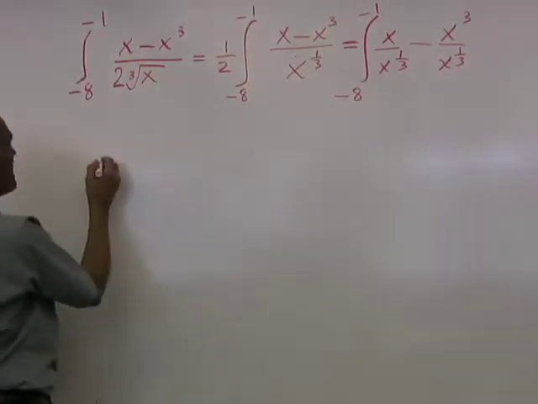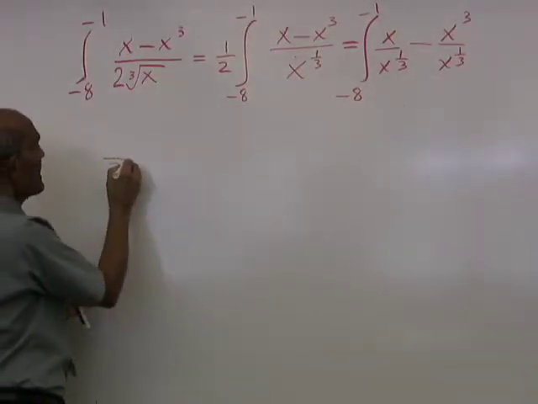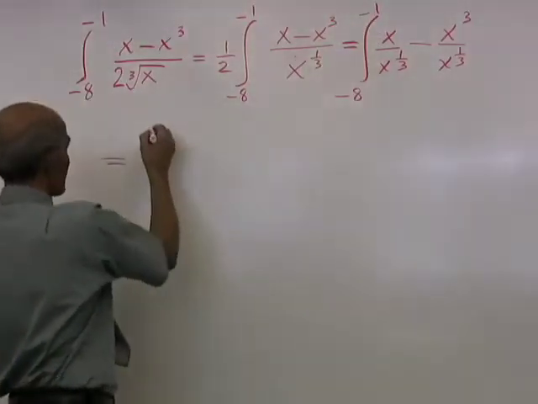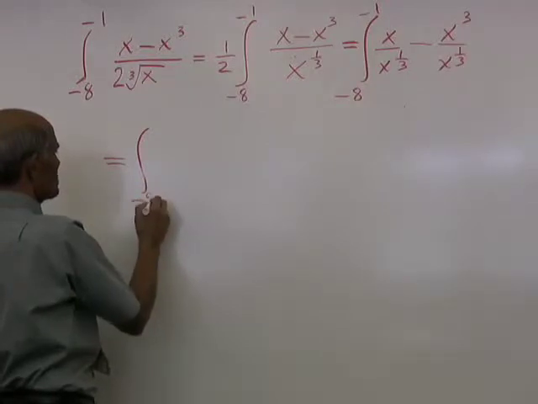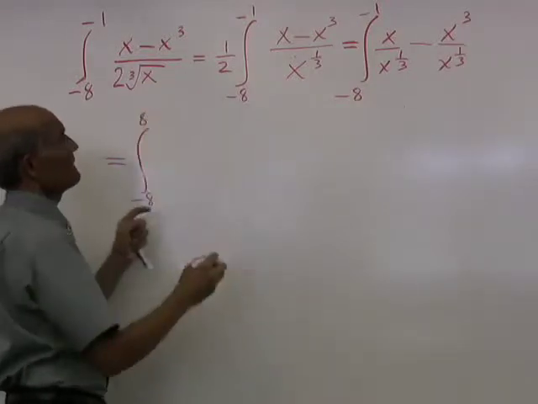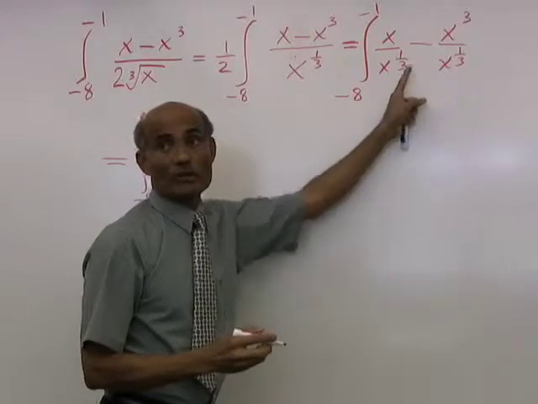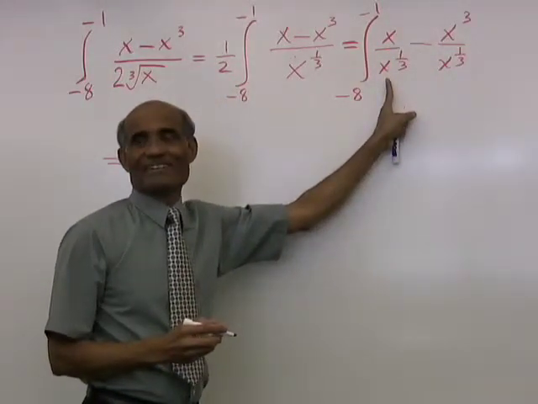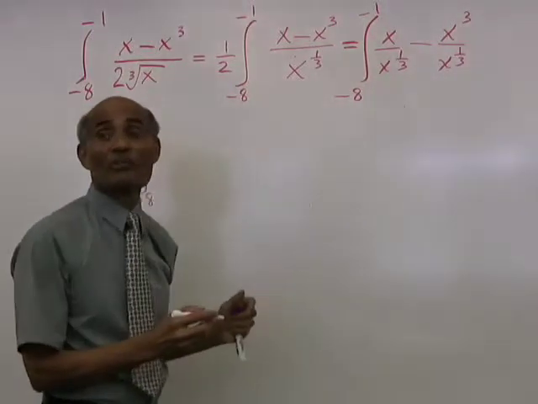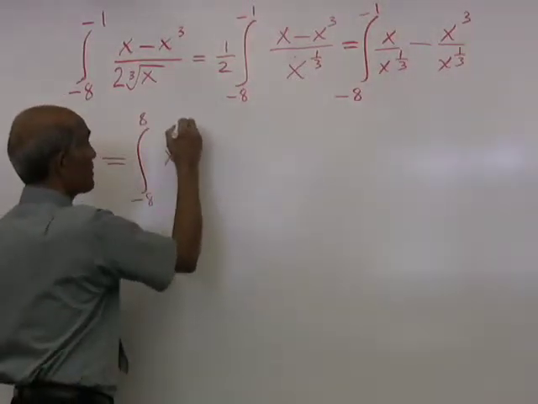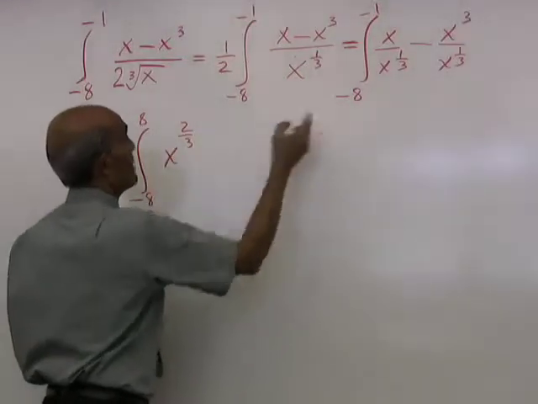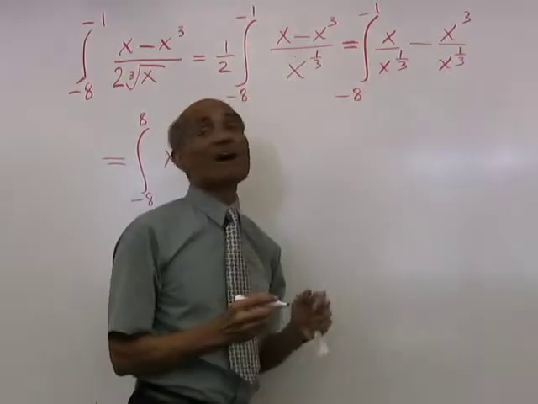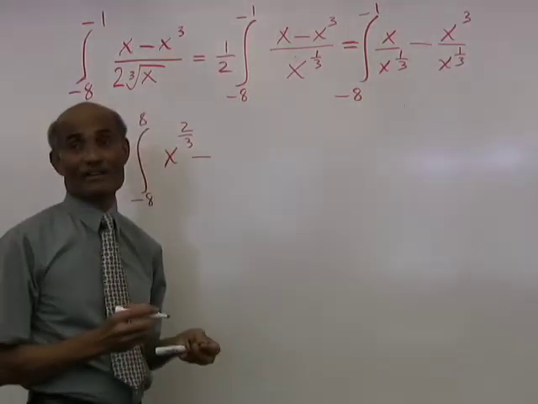All right, I'm going to now start here. What is x divided by... Well, we still have an integral, so I need to say integral -8 to -1. What is x divided by x to the power of 1/3? X divided by x to the power of 1/3 is x to the power of 2/3 minus, what is x cubed divided by x to the power of 1/3?